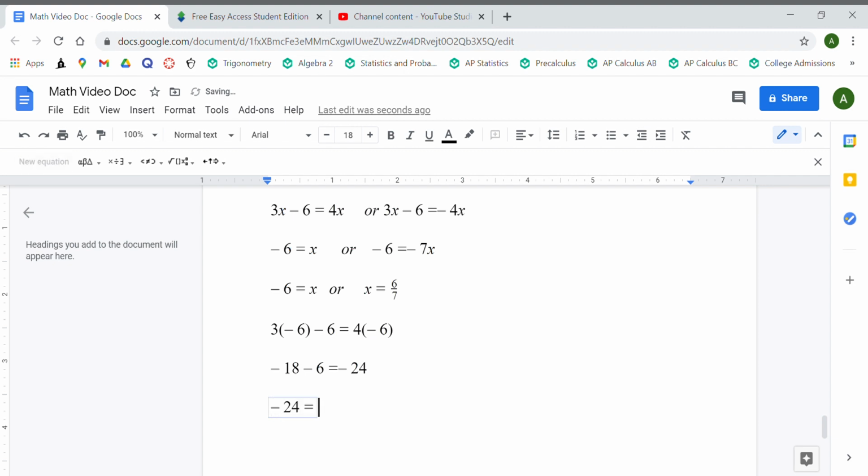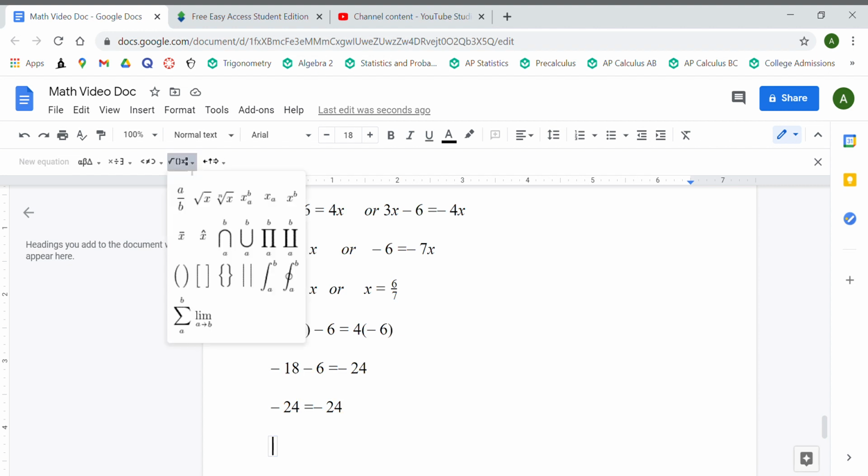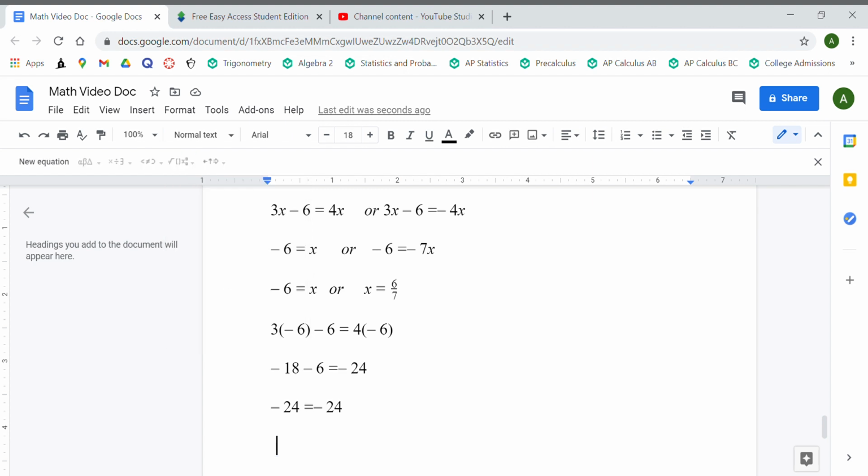I say that works. Don't you? Alright, so x equals negative 6 is an appropriate solution. Now, I bet you can guess that 6 over 7 is an extraneous solution. However, you should still do the check to prove that this is the case.